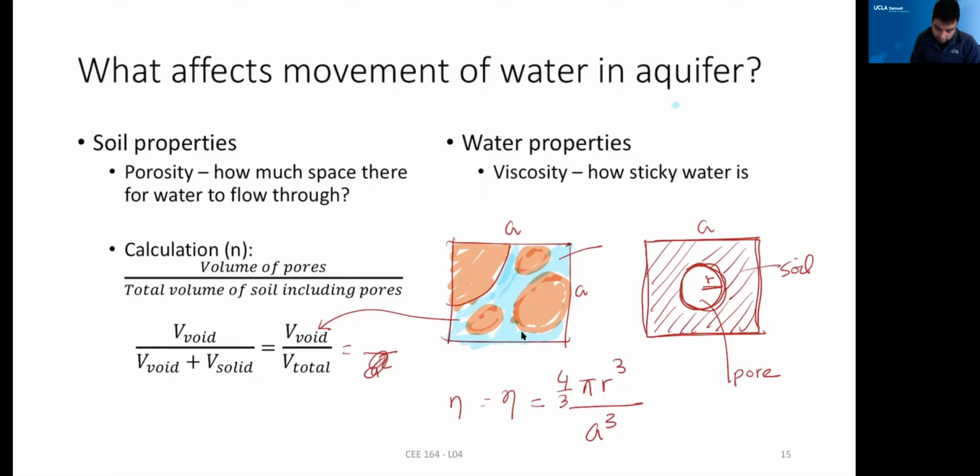And again, bulk density. Let me write it.